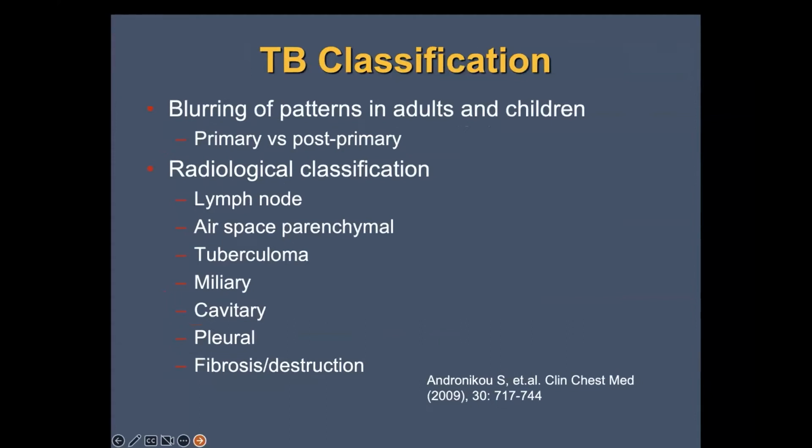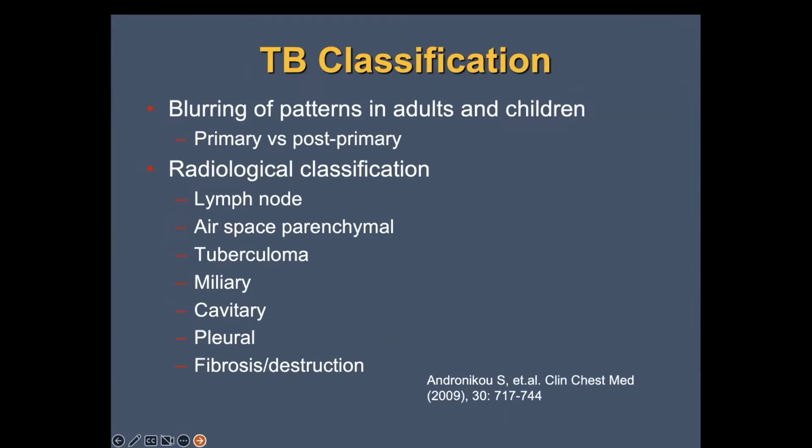I will refer to the classification that we've tended to use, which is primary TB, which predominantly occurs in children, and post-primary TB that's much more common in older children, adolescents, and adults. But really, there's been a blurring of the patterns between children and adults over the years.